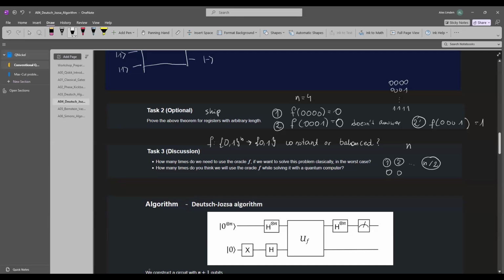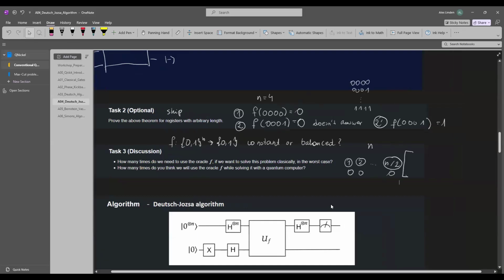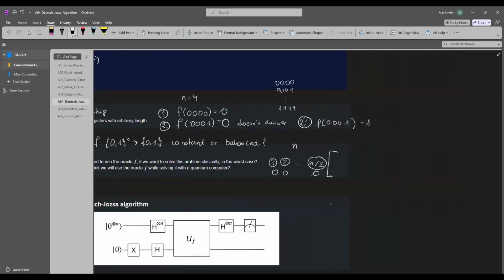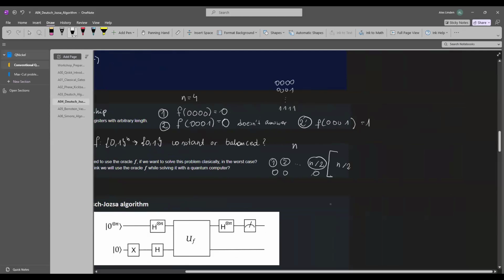And we've been getting only zeros. Now what we have left is the n divided by 2 plus 1 query and some other queries until we get n. So that's half of our queries.